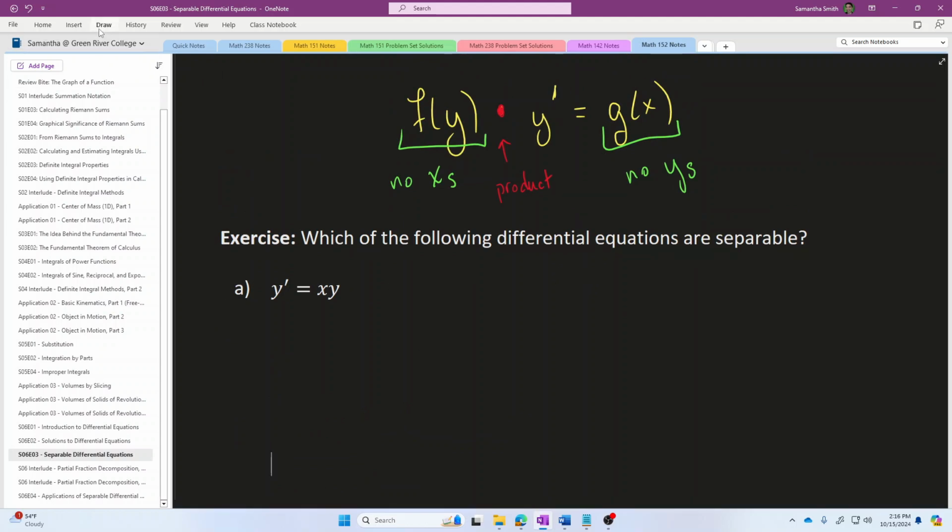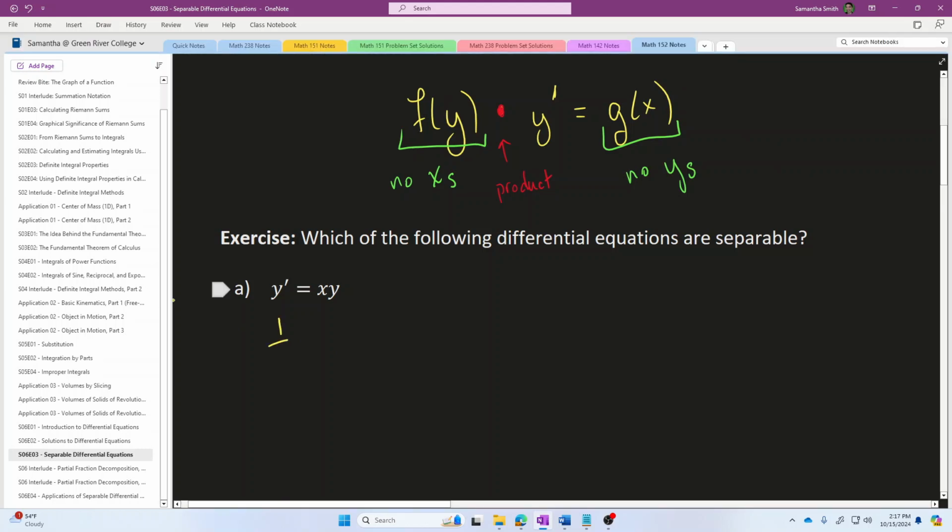To answer that question, I'm going to try to separate the y's from the x's, in a way that a function of only y ends up multiplied by y prime on the left side. To that end, I'm going to divide both sides of the equation by y.